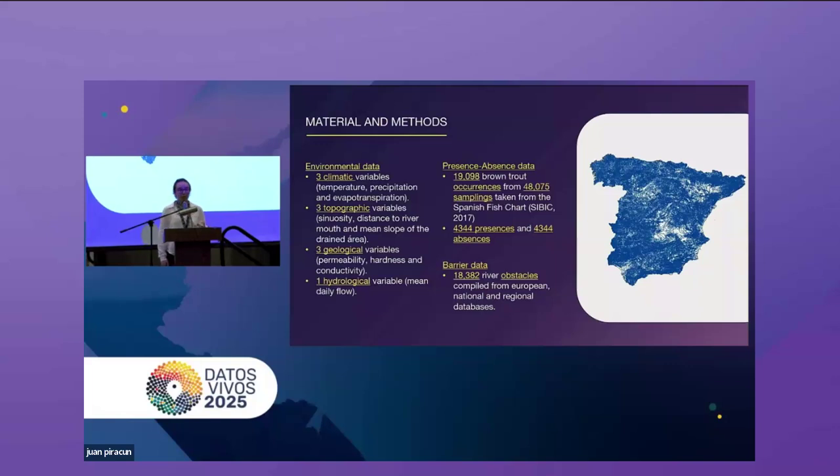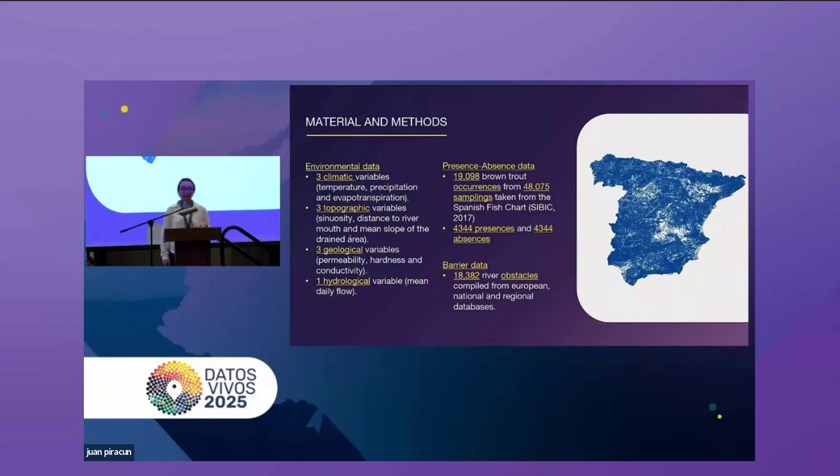As for presence-absence data, we extracted occurrence and sampling data from the Spanish fish chart, which is one of the most complete databases for freshwater fish occurrence data in Spain. It was compiled by the efforts of the Iberian Ichthyological Society.